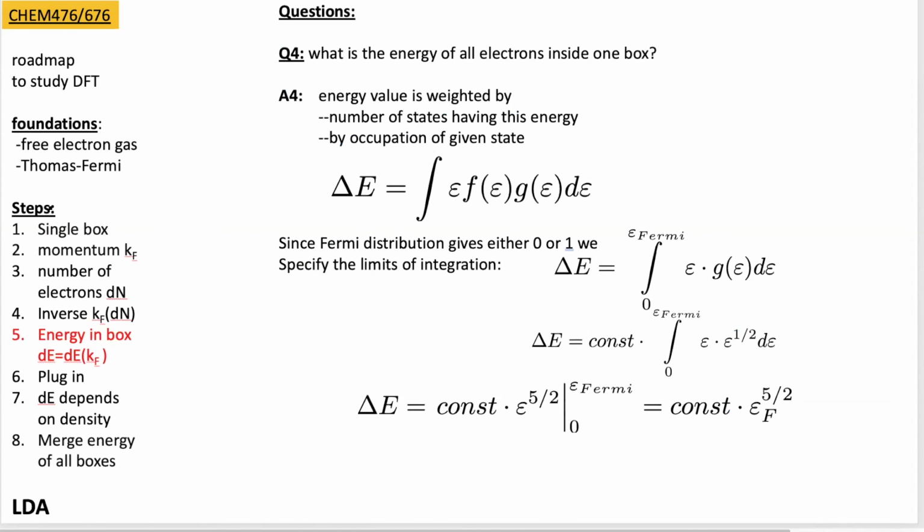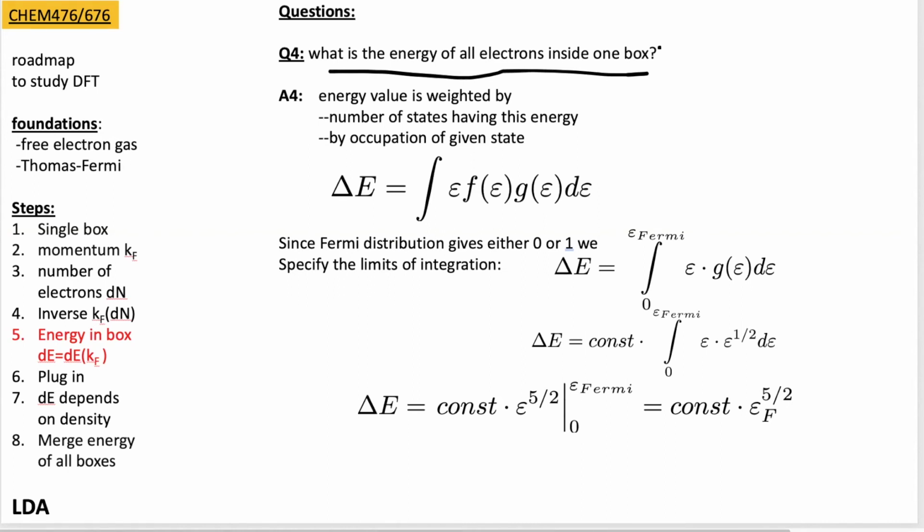So here is the question. What is the energy of all electrons inside one box? So I should consider spheres starting from zero radius, zero energy, bigger, bigger, bigger, and stop at the sphere that is not occupied, right?